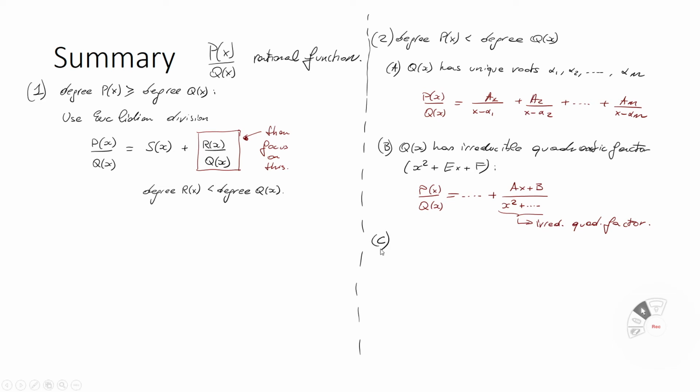And then see what happens if we have roots with multiplicity higher than 1.